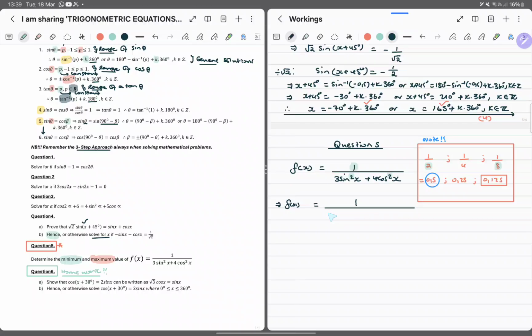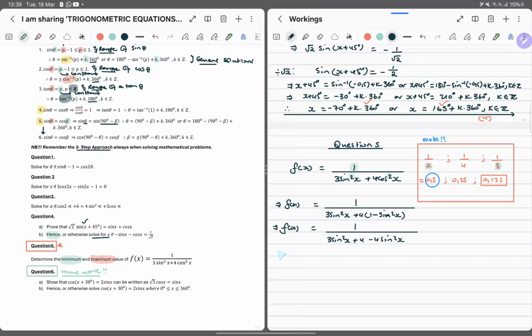So let's change it to sine. So this is going to be 3 sine squared x plus 4. Now cos squared x is going to be 1 minus sine squared x, using our identities. This implies that our f of x is 1 over 3 sine squared x plus 4 minus 4 sine squared x.